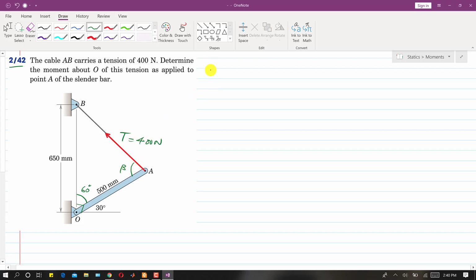So we need to find this beta angle. If we apply the cosine law, then AB square will be equal to BO square plus OA square. We know the angle between these two sides of the triangle, minus 2 BO into OA cos of 60 degrees, right?